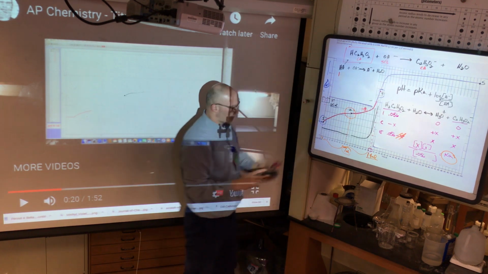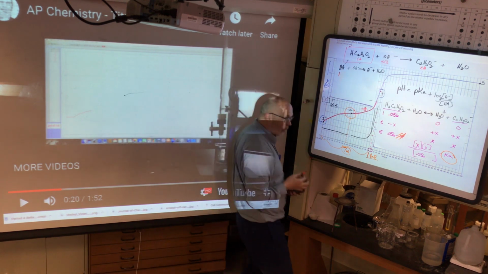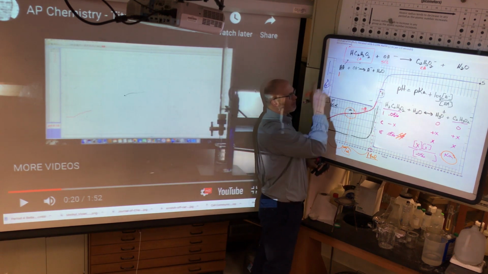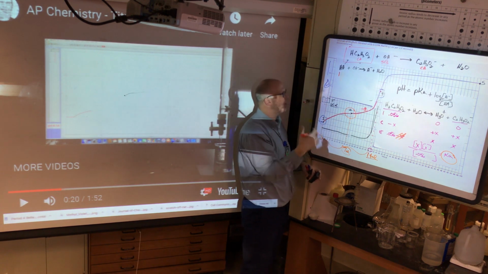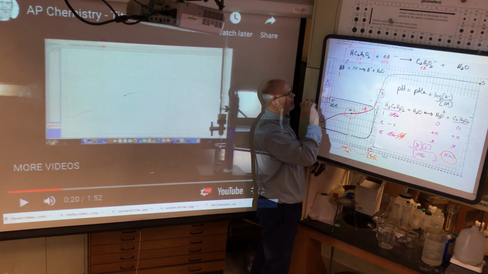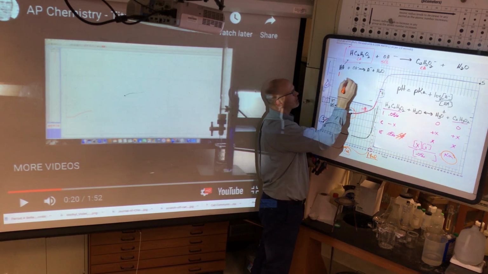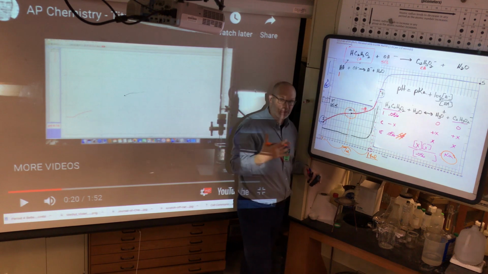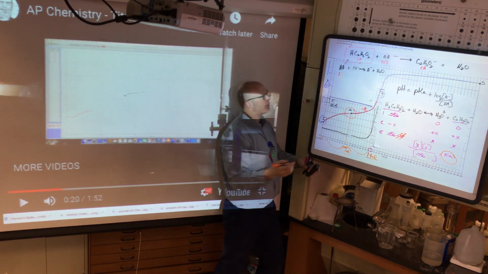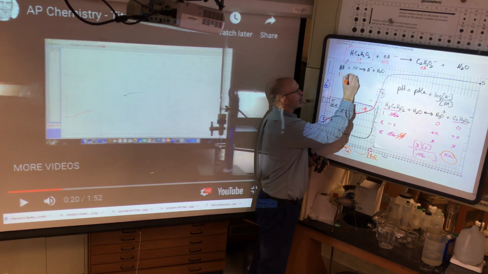Okay, water liquid. So when I do my stoich table, okay, if I had 1 mole, and let's say I half titrated. If I had 1 mole of that weak acid, well, party people, if I'm going to half titrate, that means I have 0.5 mole.